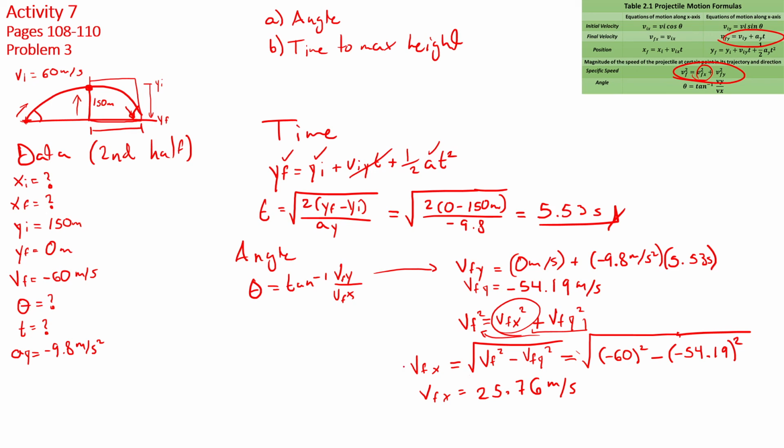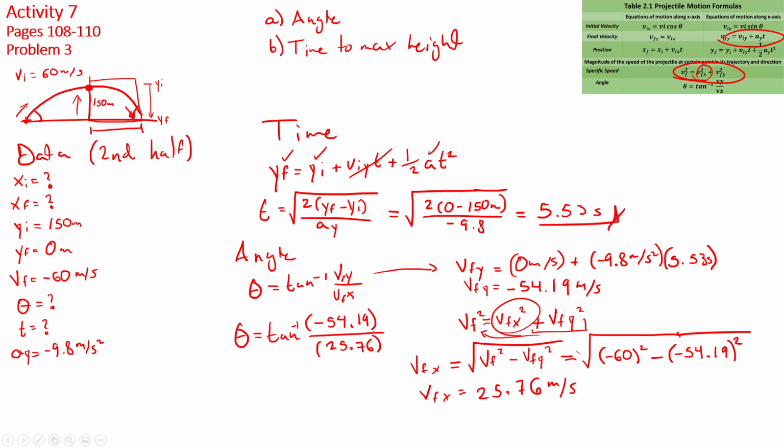And now we can solve the formula. It says that the angle is equal to the inverse tangent of the final velocity in the y-axis, minus 54.19, divided by 25.76.